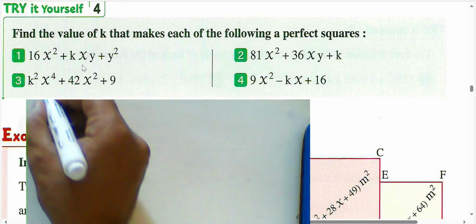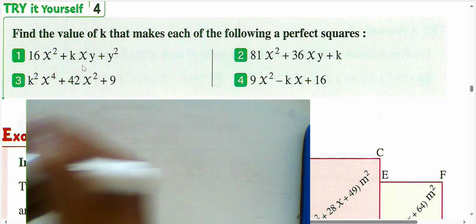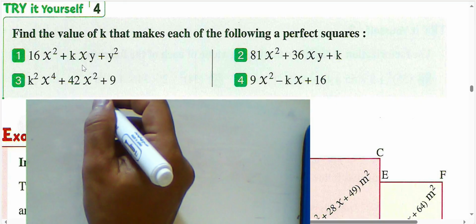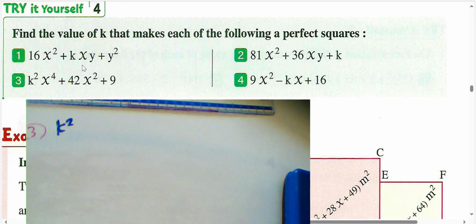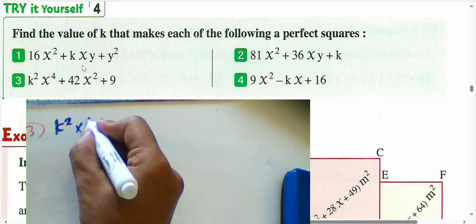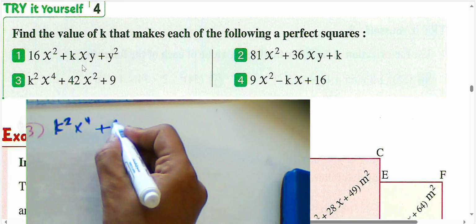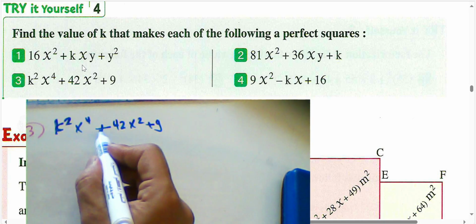Next question, number 3. k²x⁴ + 42x² + 9. This is the first.